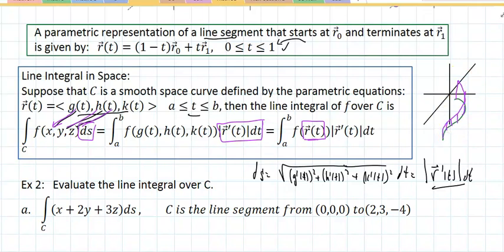That's really what it does. If you really want to know what this is finding, this would be the integral of f of x, y.